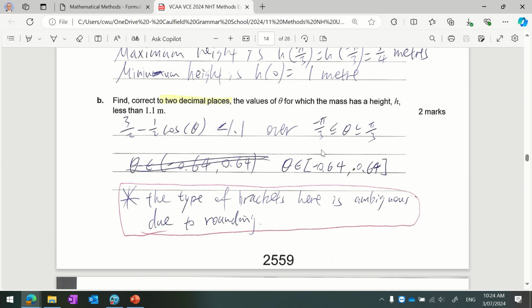My hope is that somebody will bring this up in the team of assessors. Assessor means people who mark the paper. I hope somebody will bring this up, and then hopefully they might accept both types of brackets. I am not too sure. So my answer here may or may not be correct, even though you've just heard my argument.